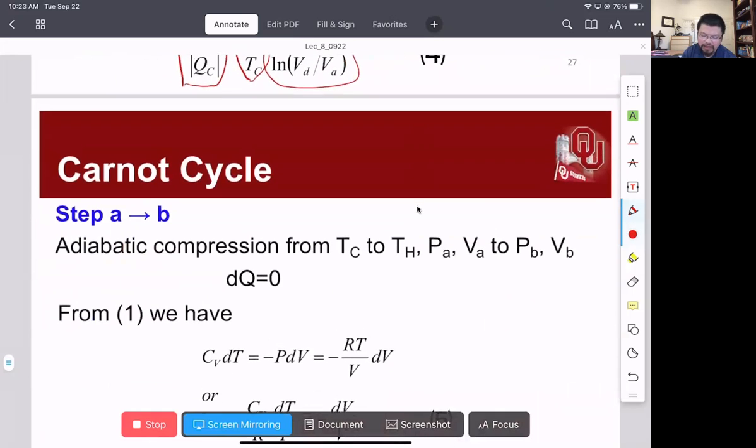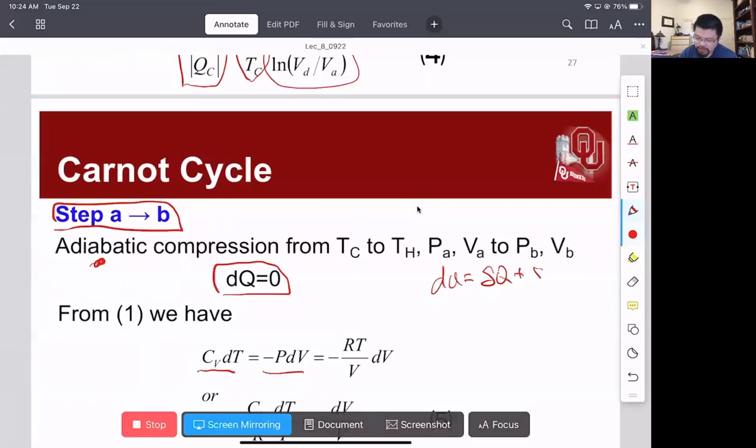At the same time, now if we look at the other two steps, where we have the adiabatic compression and expansion on both sides. Since this is adiabatic, dq is 0. So now we are dealing with dU, which is simply the work equation, right?